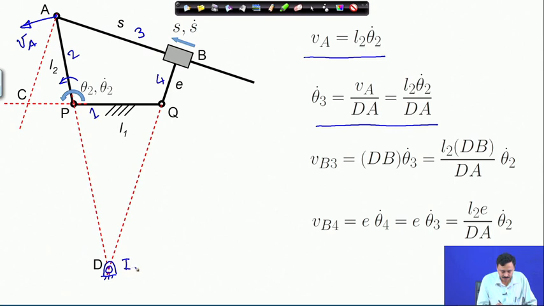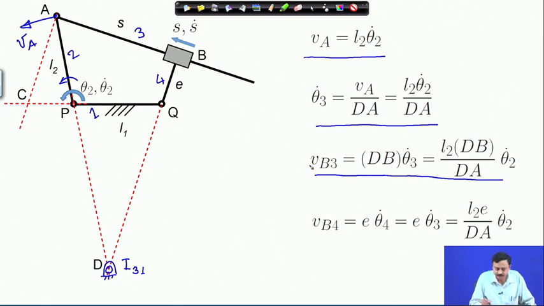So, this is I13 or I31, as if link 3 is hinged at this point. So, if I know velocity V_A, I can find out the angular speed of link 3.